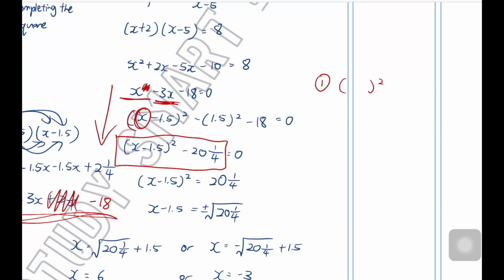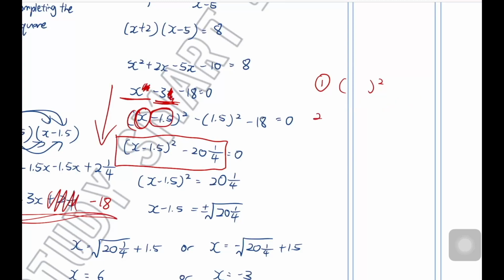Take your x term, in this case negative 3x, remove away the x, and whatever is left over, divide that by 2. So over here, negative 3 divided by 2 is negative 1.5. Doing that will get you your bracket square term already.